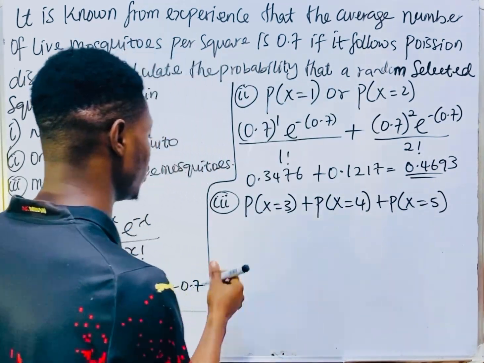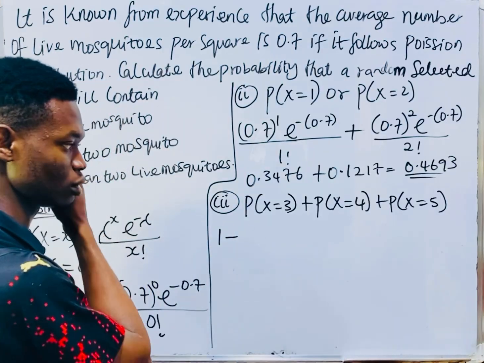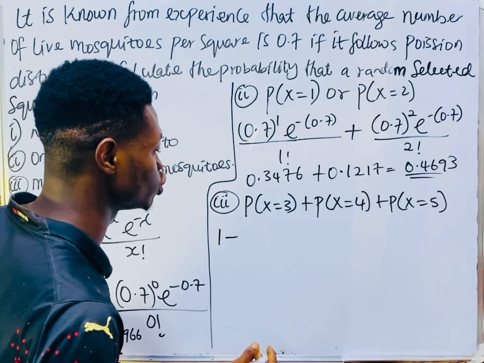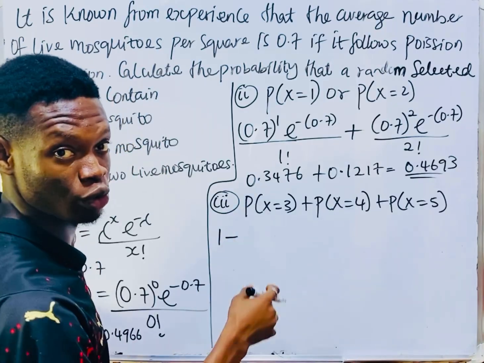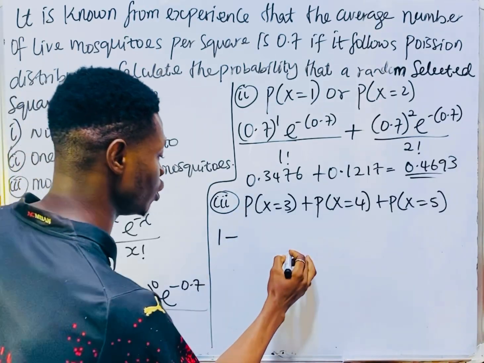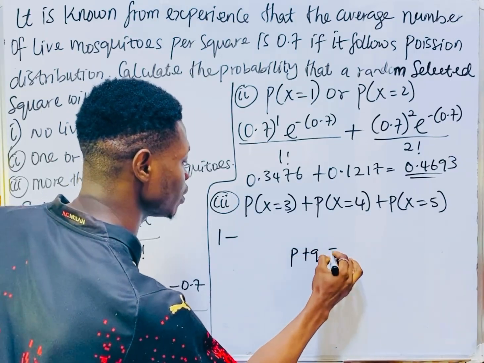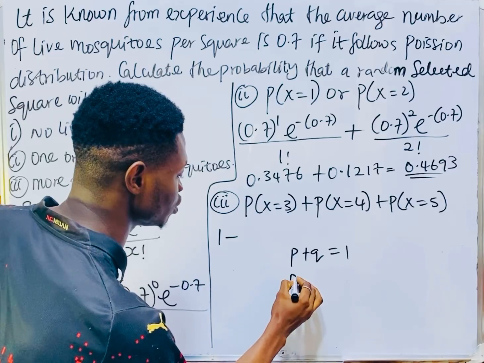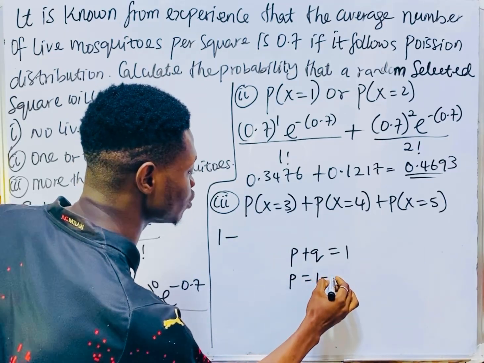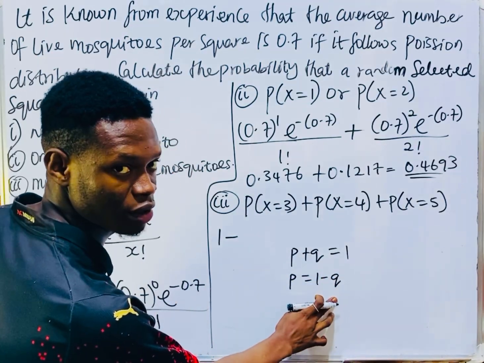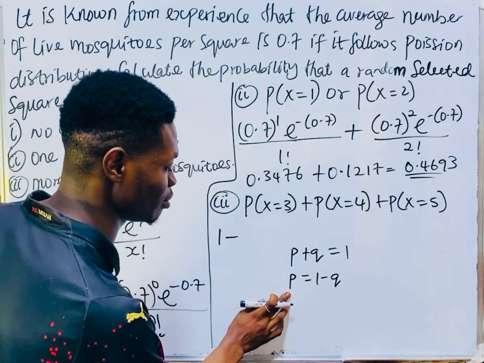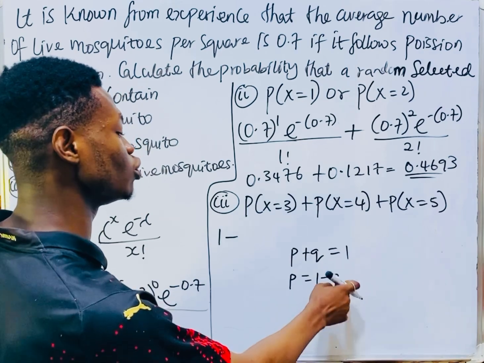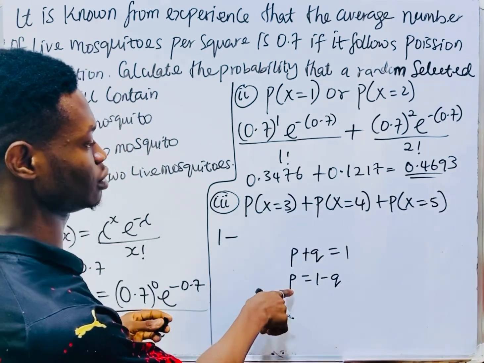So we are going to have 1 minus those that we know will give us those we don't know. Probability of success is equals to P. Then 1 minus probability of failure will give us probability of success. So 1 minus those we don't know will give us the one we are looking for.